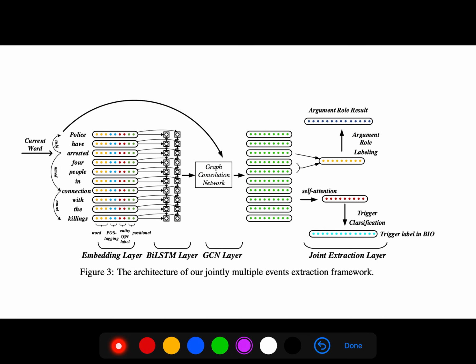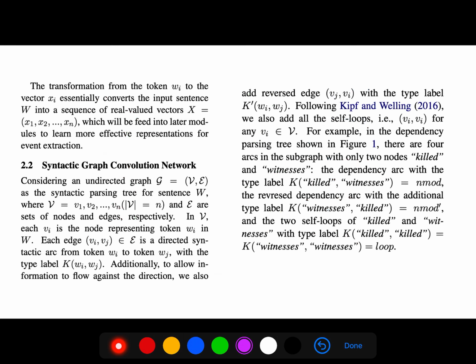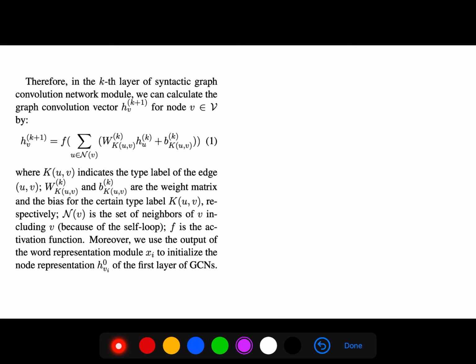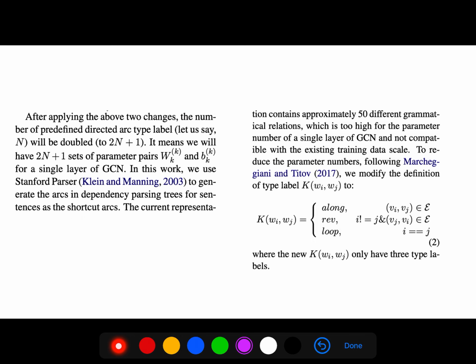So this is the architecture. We create a graph convolutional network using this adjacency matrix that is obtained by dependency parse, and then we do argument role and trigger classification. Here we update the graph convolutional networks.